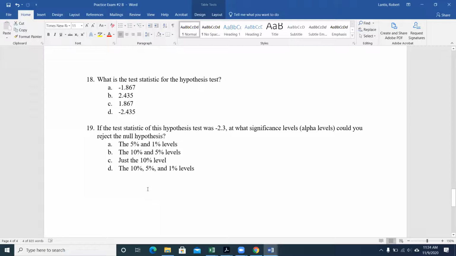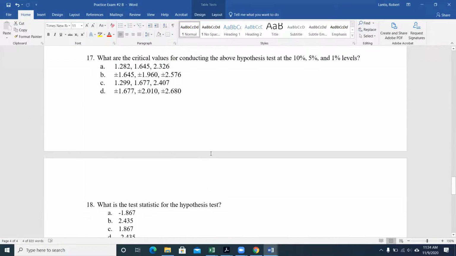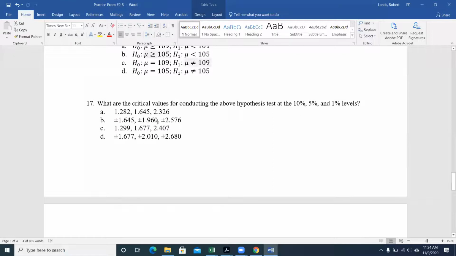What's another way I could have made that rejection decision? I could have used this test statistic of negative 2.3 and plotted it against my critical values and seen, is it in the rejection region? If I wanted to have done it that way instead, does everybody have this? Can I erase this?